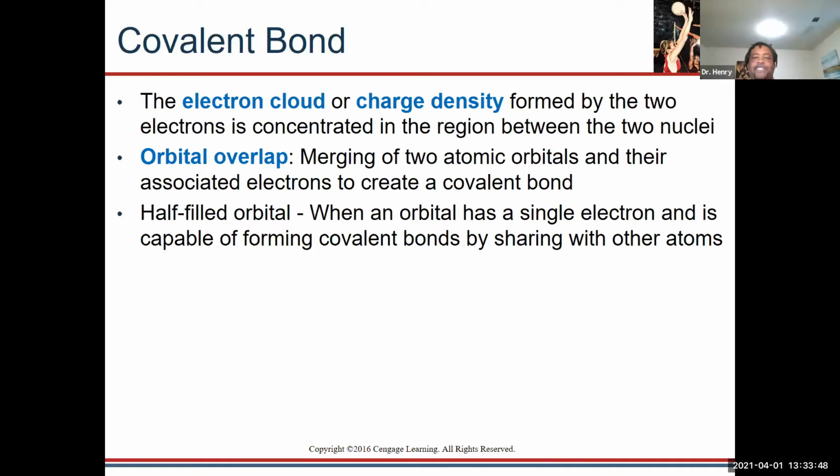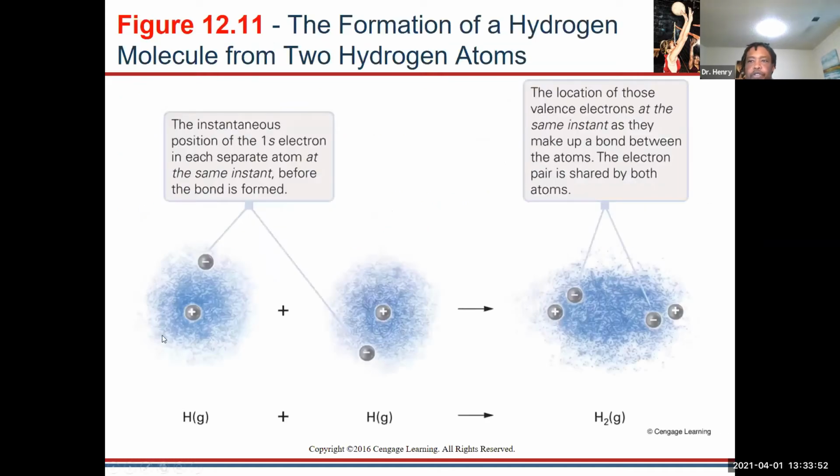I'm going to show you a picture. Here, this is one hydrogen atom. Here's another hydrogen atom. Hydrogen has one valence electron. Is that true? Yes.